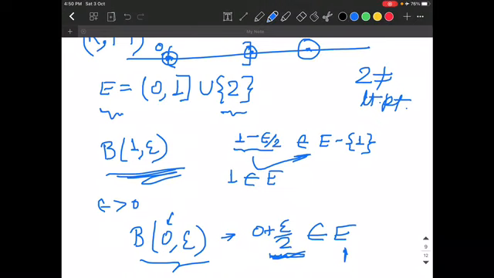So 0 is a limit point, and note that this 0 does not belong to E.